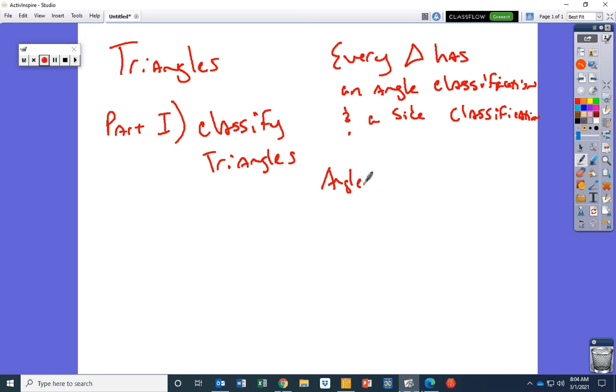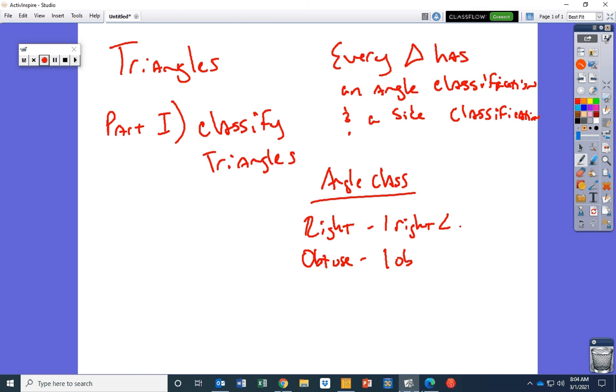What's one, Kemper? A right triangle. If you have a right triangle, it has one right angle. What's another one? A sausage triangle. That's a side classification. We'll get to that though. Noah? Obtuse. If you have an obtuse triangle, it has one obtuse angle.